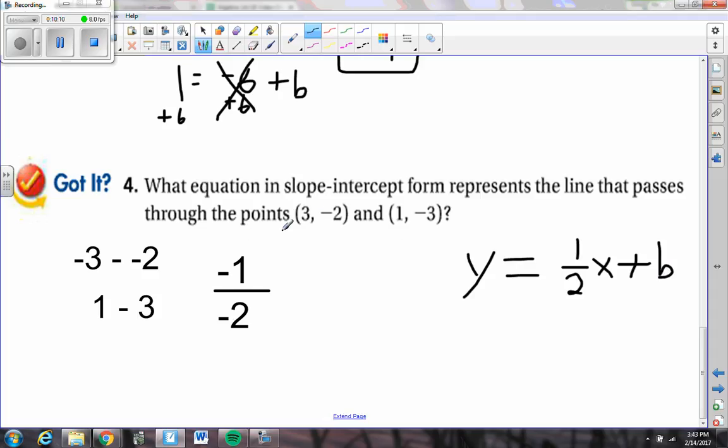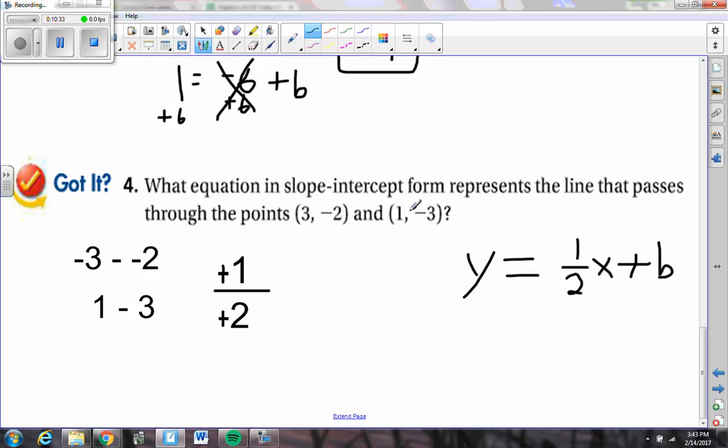Once I find my slope in this problem, we should find that the slope is 1/2. I know it's negative over negative, but that becomes positive. So then I write this equation, y equals 1/2 x plus b. Now I can take one of these 2 points, plug in my y value and my x value, and find my b value, which I think is also going to be something with a 1/2 on it.